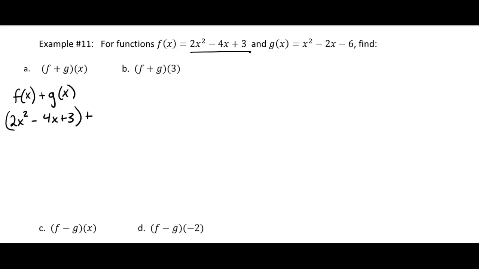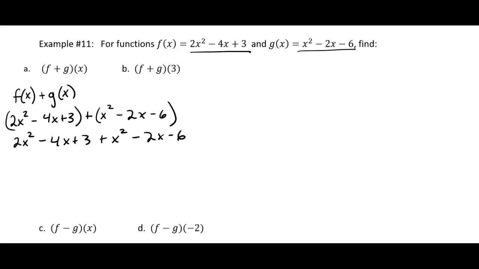And we're going to add then g of x, and they give us g of x. x squared minus 2x minus 6. Okay, so they want us to add these two functions together. So I'm going to write them without the parentheses, like we did when we were adding polynomials.